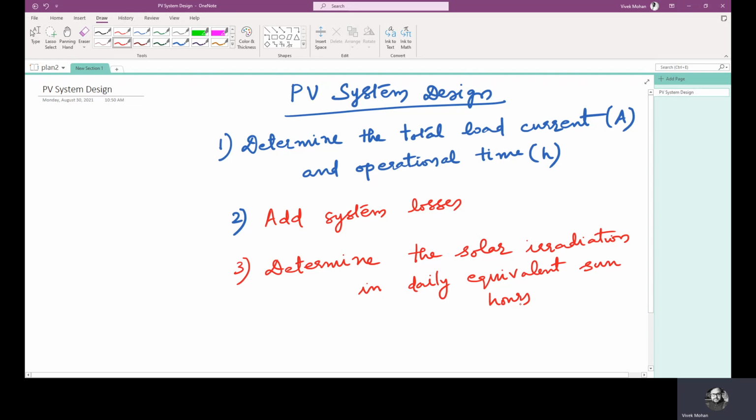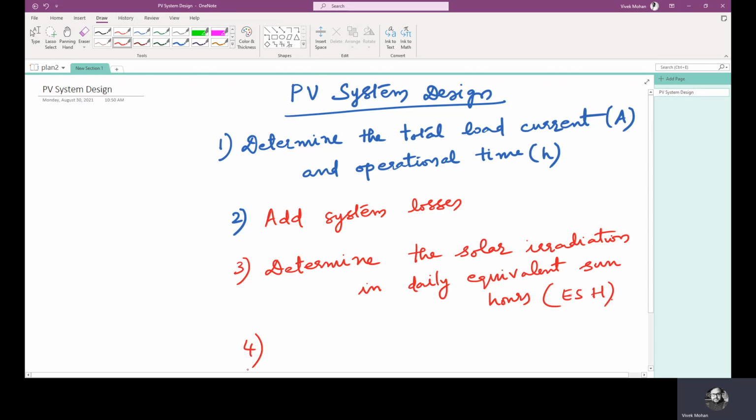According to the location, we have the solar irradiance data. Based on that we can have the daily equivalent sun hours of that particular location. So daily equivalent sun hours is ESH. We'll see what that is.